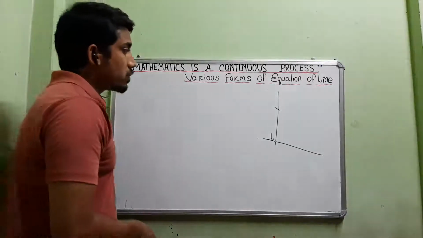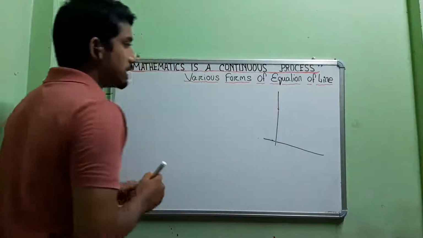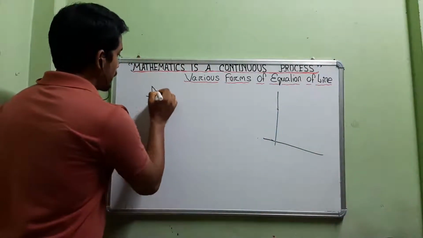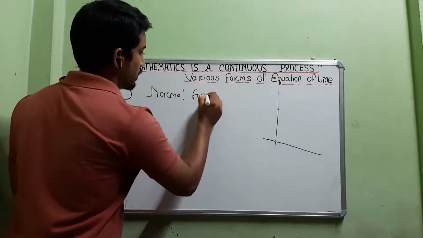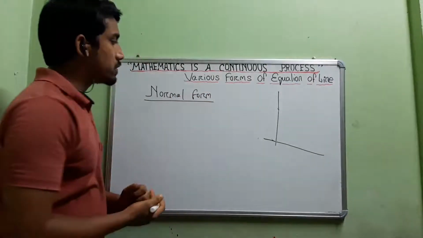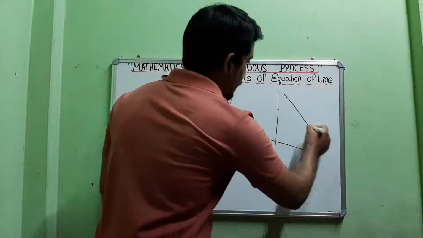Now, next one is called the normal form. What is that? Normal form means, suppose you have one straight line.